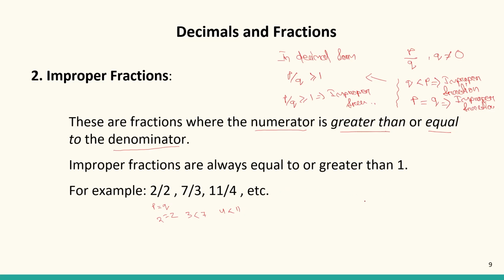So what is the difference? If in decimal form p by q is less than 1, this implies a proper fraction. And if p by q is greater than or equal to 1, this implies an improper fraction.